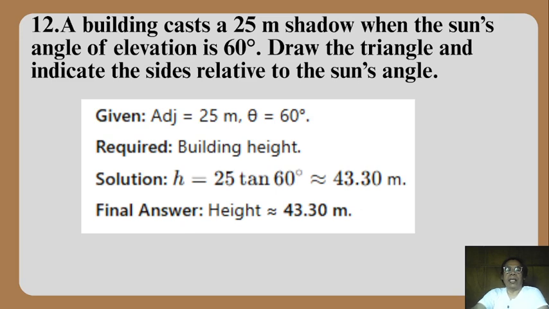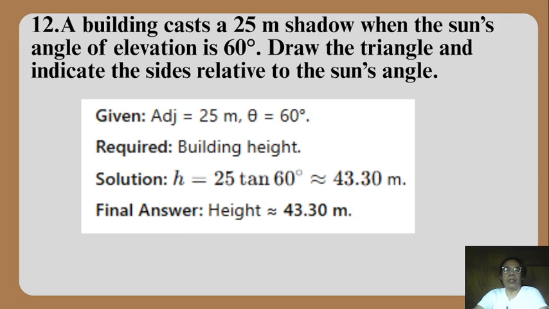And then the solution, we are given the adjacent and the angle theta. This is the angle of elevation of the building, and this is also the angle of elevation at the ground, 60 degrees.